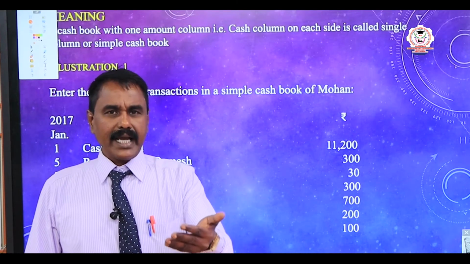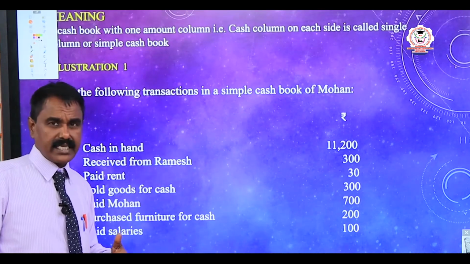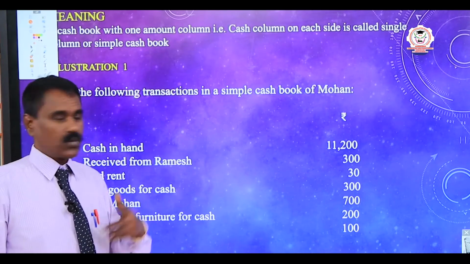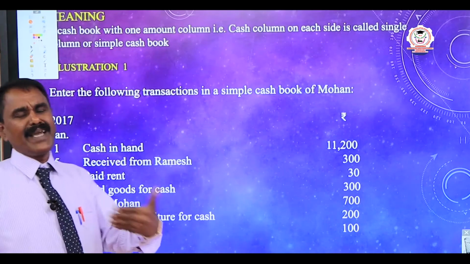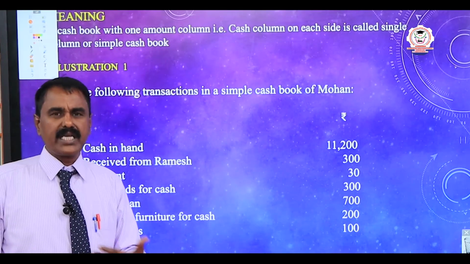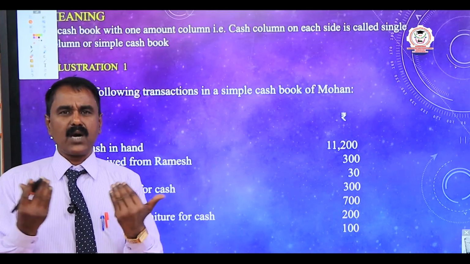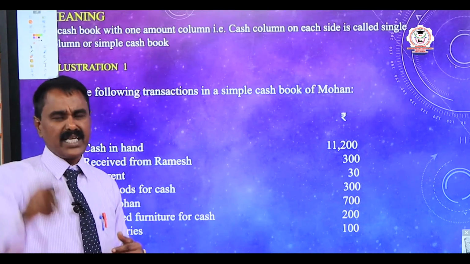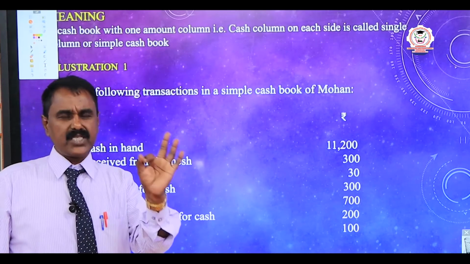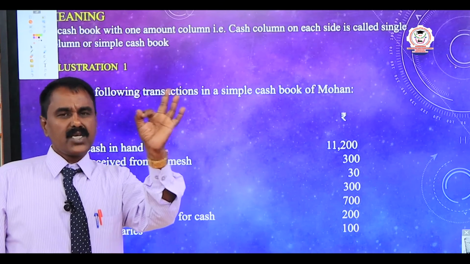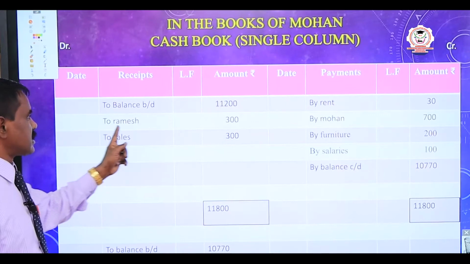Mohan is getting cash from Ramesh, and we are preparing Mohan's book. Cash is coming in, so debit cash account. Who is the giver? Ramesh. So the journal entry is Cash account Dr. to Ramesh. Cash is debited, so it will come to the debit side of the cash book by writing To Ramesh 300.